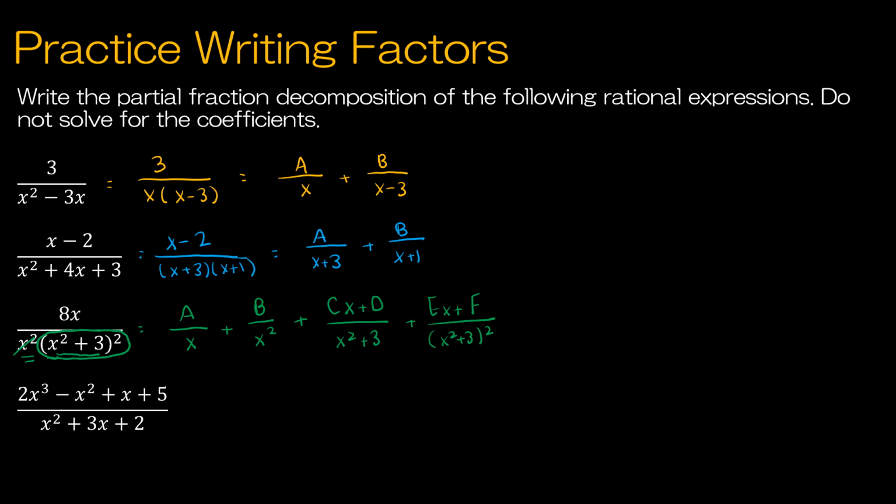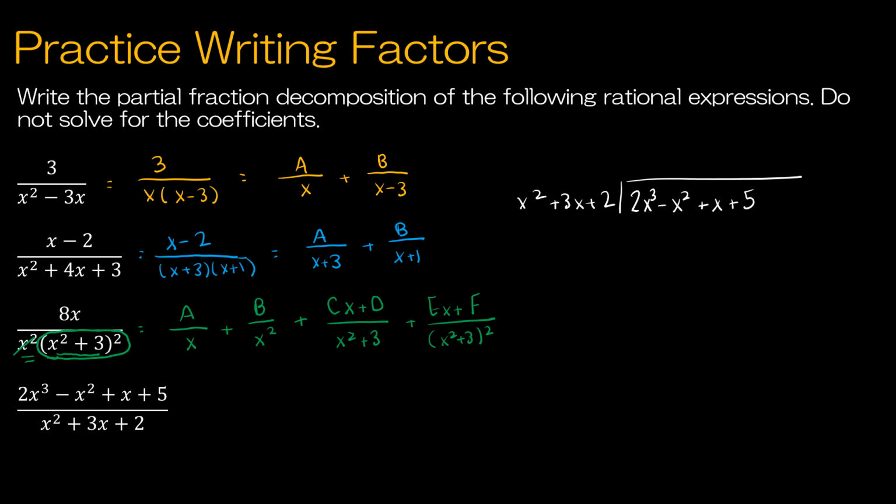This one's definitely the trickiest because if you'll notice, the degree of 3 is greater than the degree of 2. And we said, well, if that's the case, we're going to have to try doing polynomial long division. So I'm going to take 2x cubed minus x squared plus x plus 5 divided by x squared plus 3x plus 2.